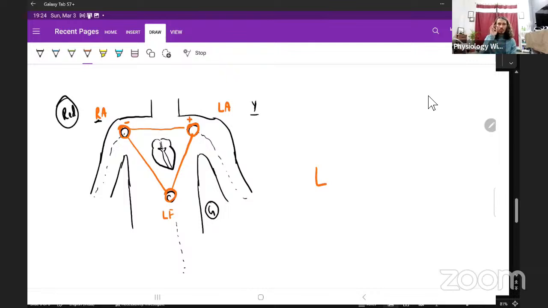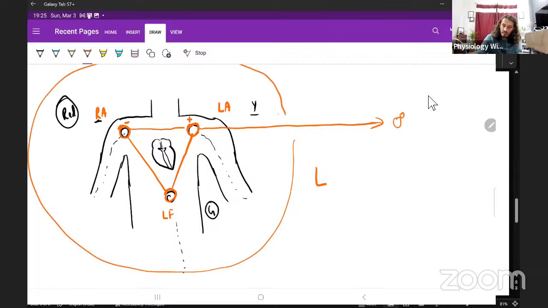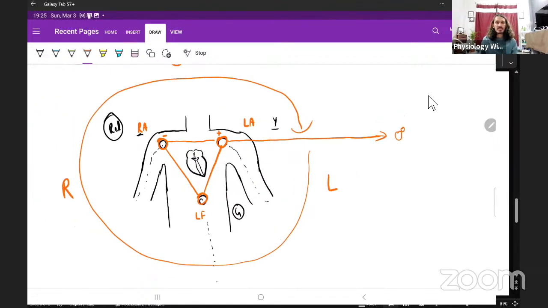So if you say lead 1, what it implies is you're connecting your right arm and the left arm, and this is a line towards the positive like this. And this in vector scale is 0 degree. Imagine a whole circle like this. In that circle, this is the 0 degree.